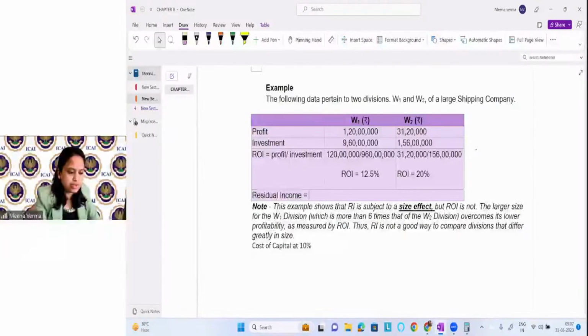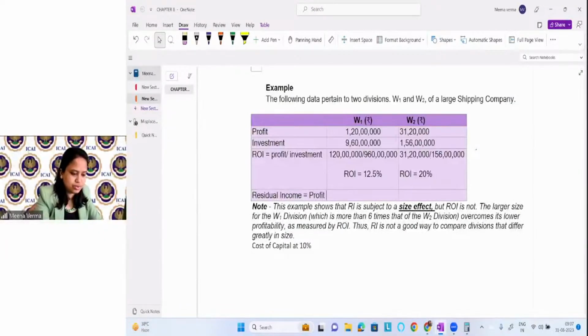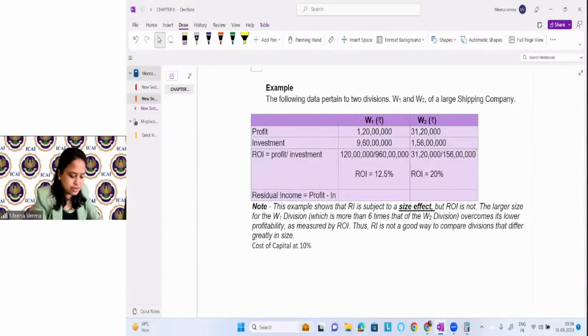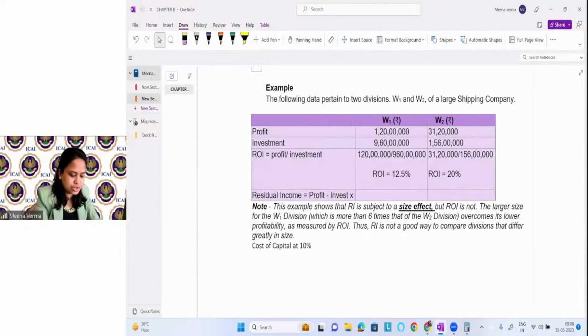How will you find it? First, you will see what is the profit minus what you are expecting, your investment into cost of capital.